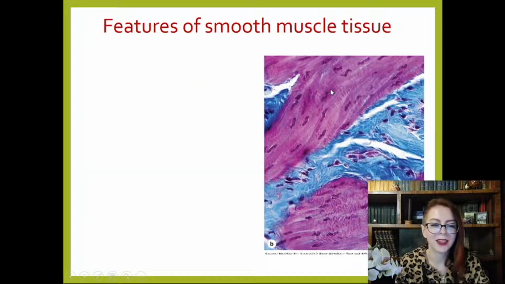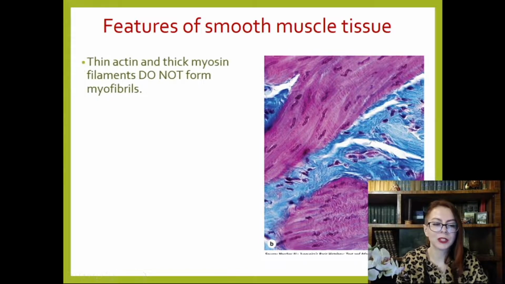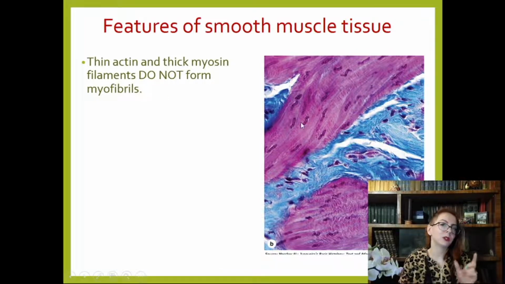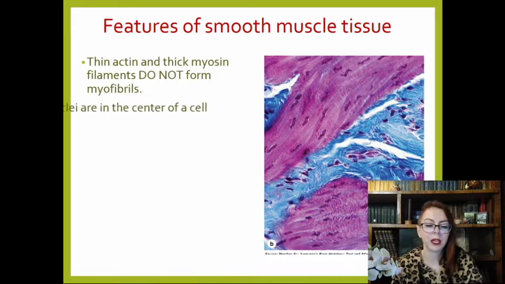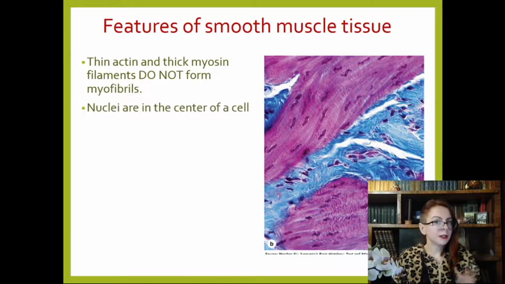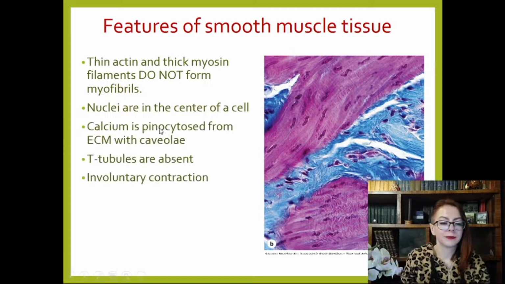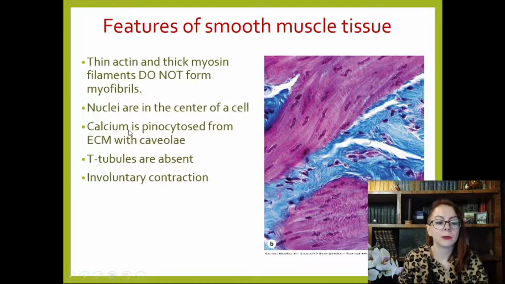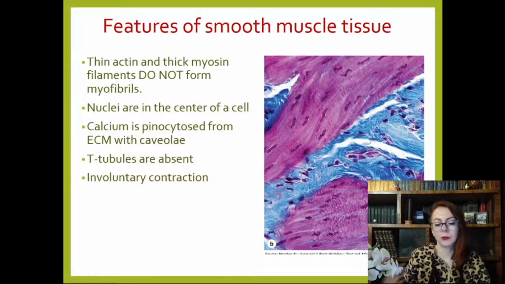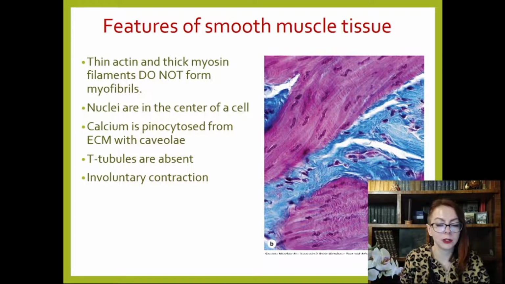Its features: it has thin actin and myosin filaments, but they do not form myofibrils. That's why there are no cross striations, because actin and myosin are not so well organized. Nuclei are at the center, like in cardiac muscle. Calcium is pinocytosed from the outer environment, and this process is rather slow and takes some time. That's why the contraction is also a little bit slower.